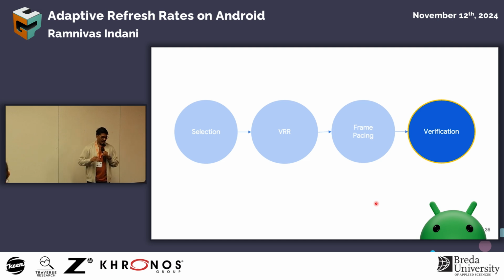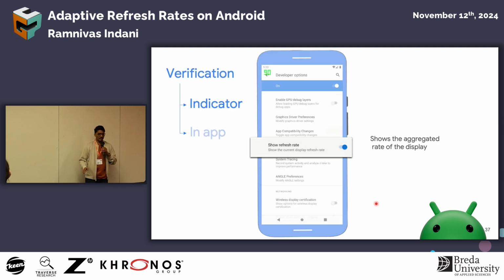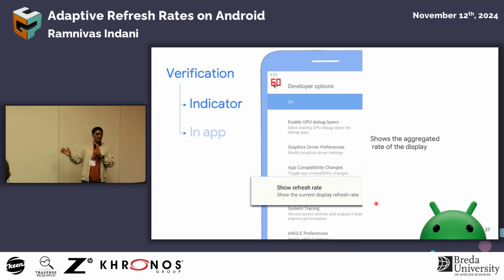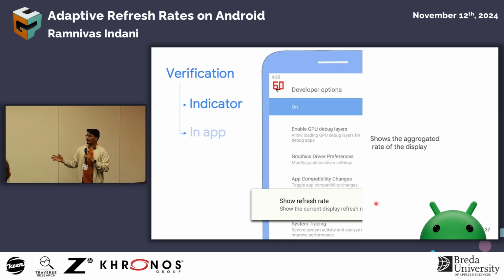So last, we can move towards the phase where we verify how all this information is working. Like, you set a frame rate, but you need to verify that it's actually working and giving you the rate that you want, because otherwise you will have other issues. So there is a setting in Android developer options, which is the refresh rate indicator.